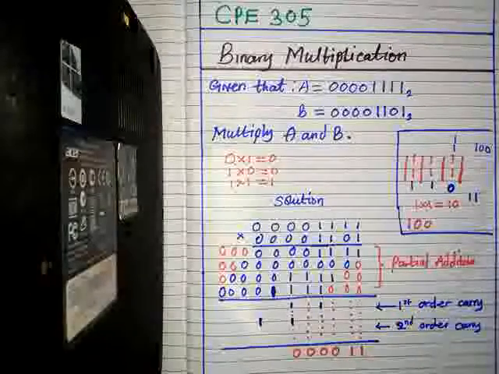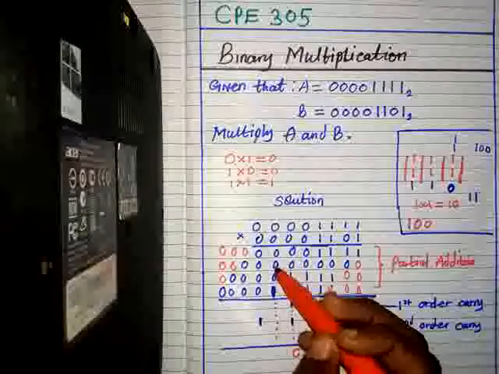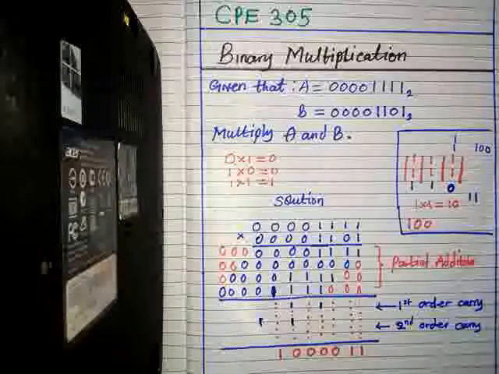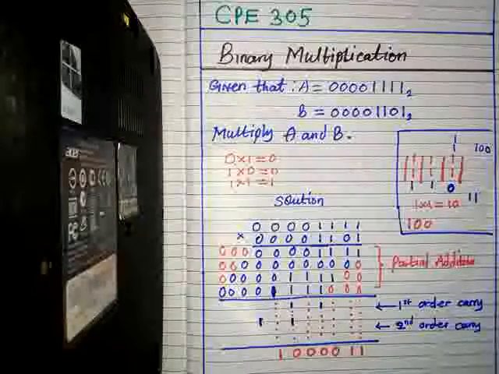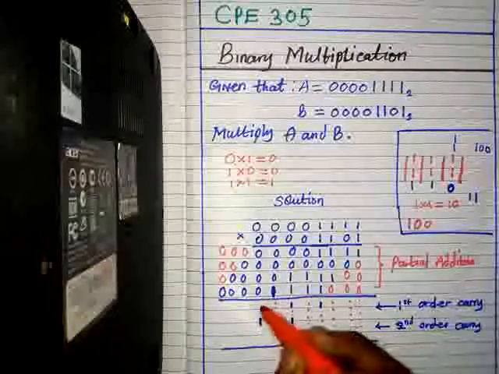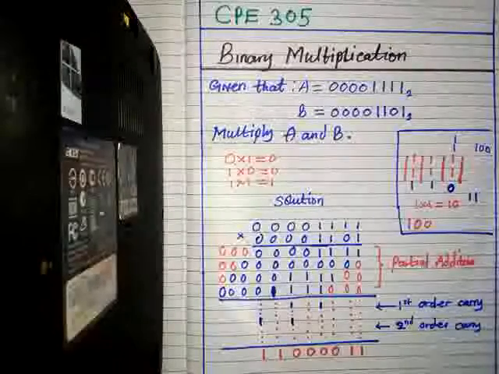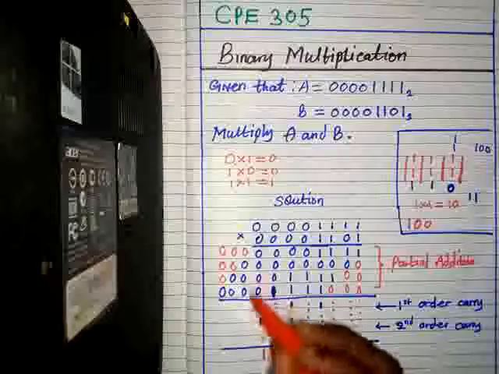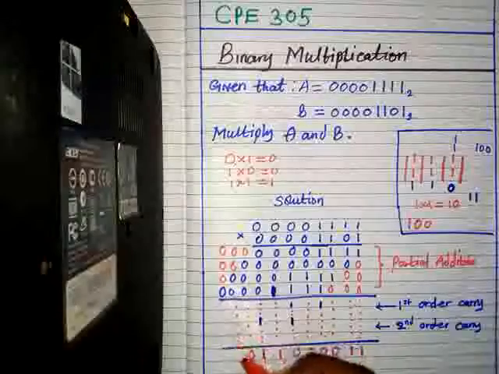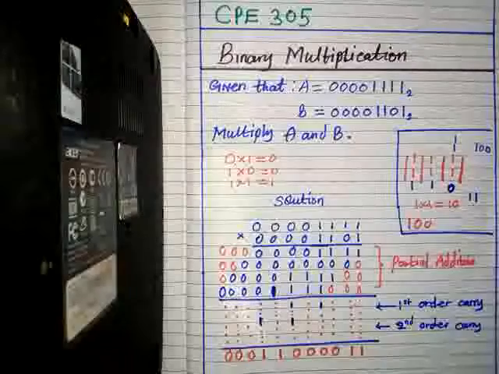Okay, so we add this, we obtain 1. How? 0 plus 0 plus 0 plus 0 plus the carry, which is 1. Okay, so we add this one again, 0 plus 0 plus 0 plus 0 plus this one, we obtain 1 also, and all these are zeros. 0, 0, 0.